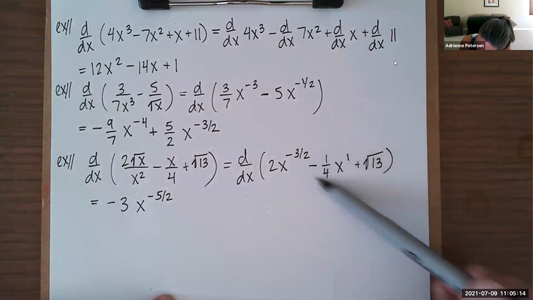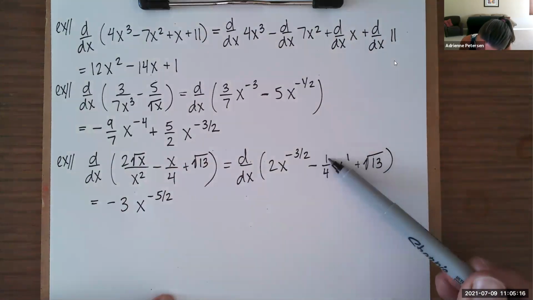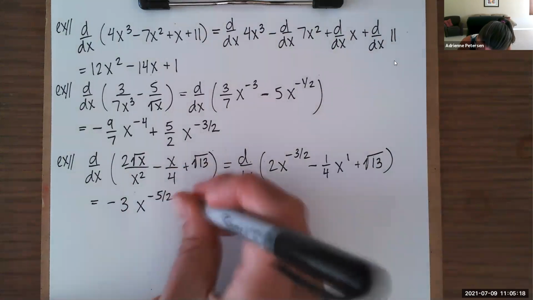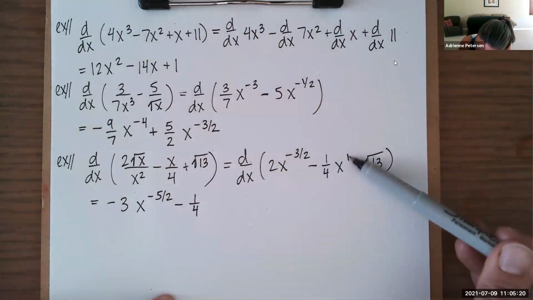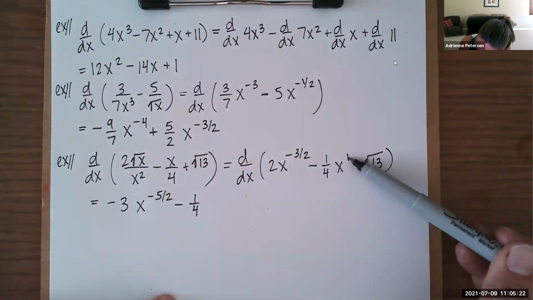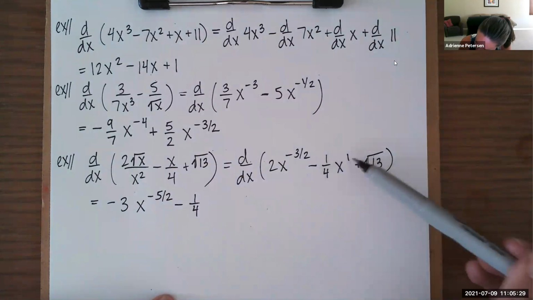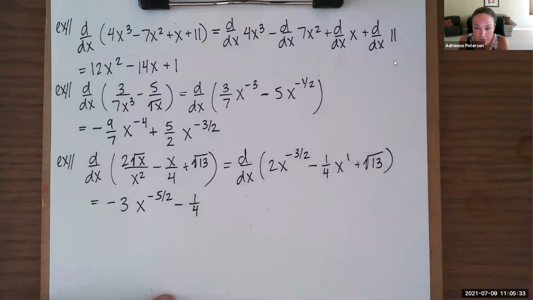The derivative of -1/4 x to the first, I bring the 1 down in front, so I have -1/4. Decrease my exponent by 1, so now I have x to the 0th power, which is just 1. So in general, if we have a constant times x to the first, our derivative is just the constant. The derivative of root 13 is 0. So there's our final answer.